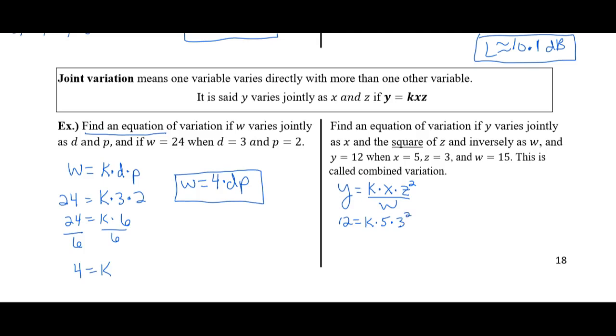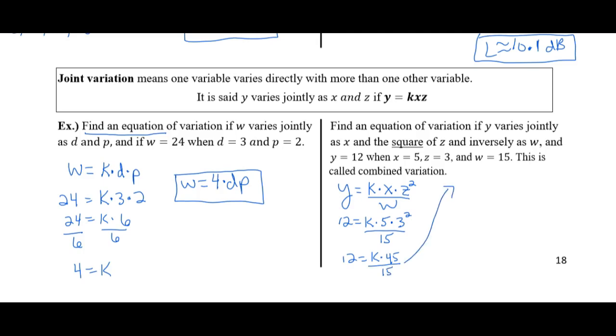We need to square that. And w is 15. So let's simplify. 3 times 3 is 9. So 3 squared is 9. And 9 times 5 is 45. So k times 45 divided by 15.